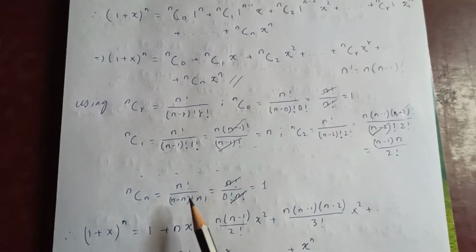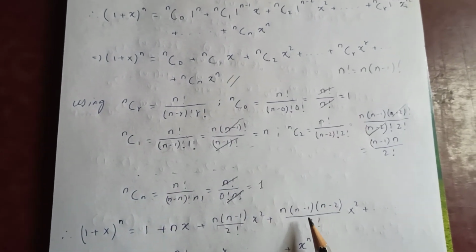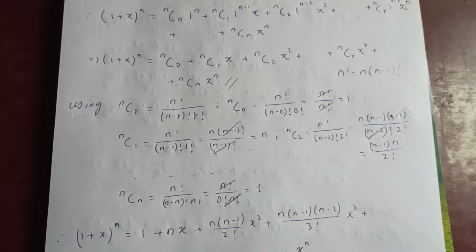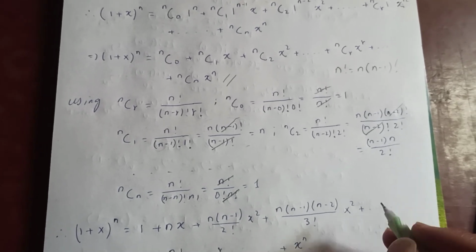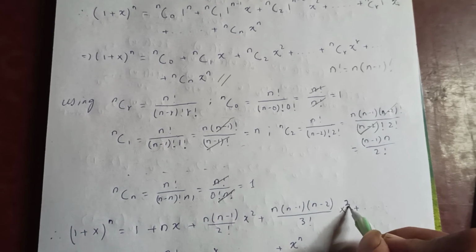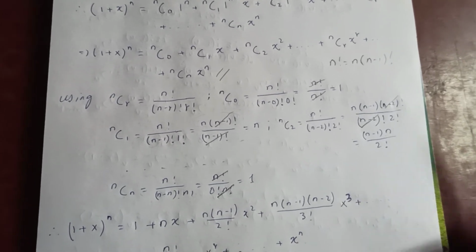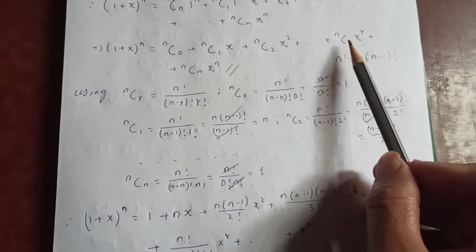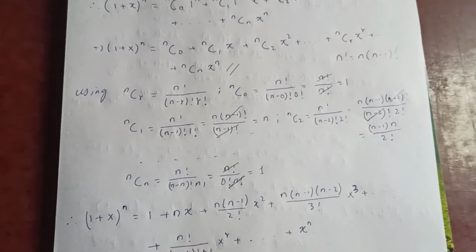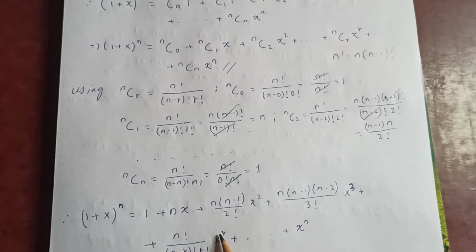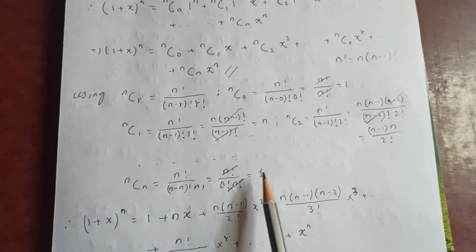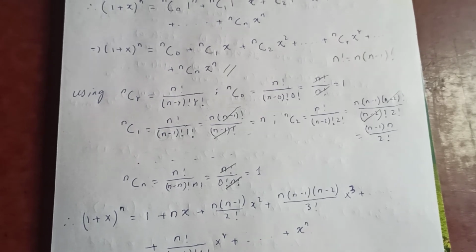Plus, if you expand for nC3, n(n minus 1)(n minus 2) upon 3 factorial into x^3, plus and so on, plus nCr, which is n factorial by (n minus r) factorial into r factorial, x^r, plus and so on, plus nCn is just 1, which is x^n.